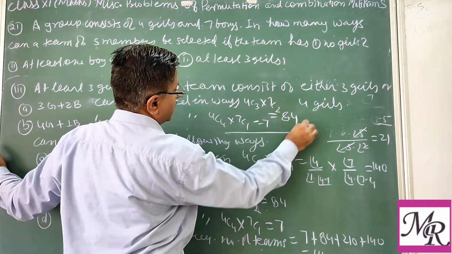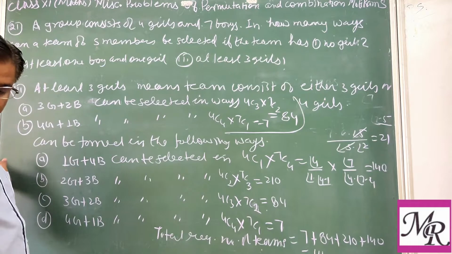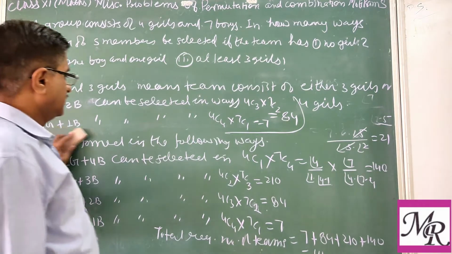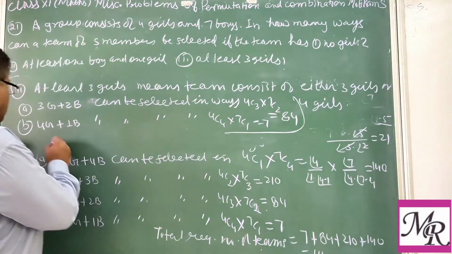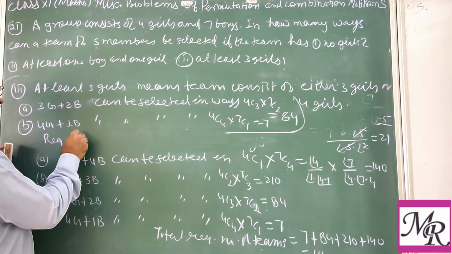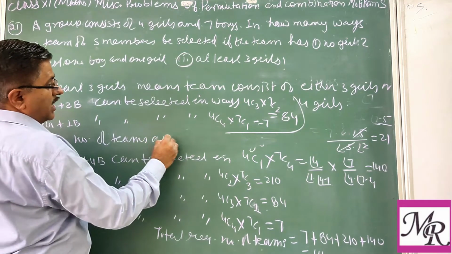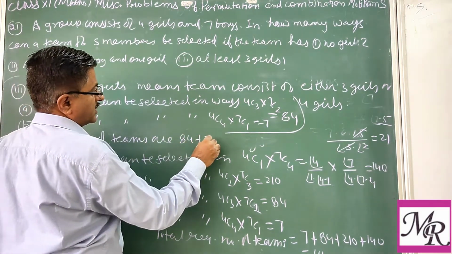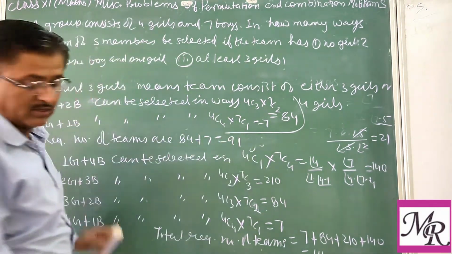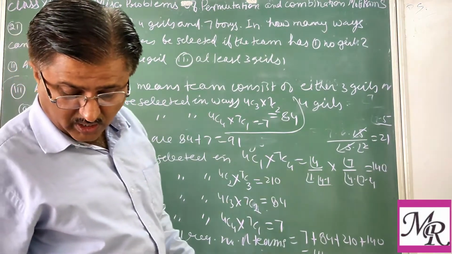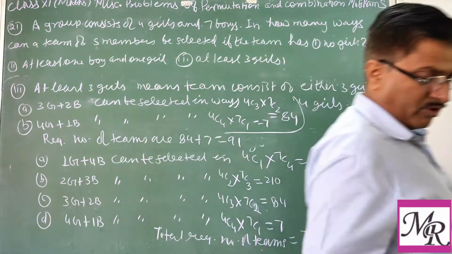This we have also done. So now total required number of teams in this case are 84 plus 7, that is 91. So in this way, one can solve the problem.